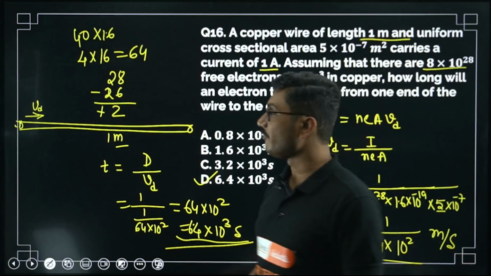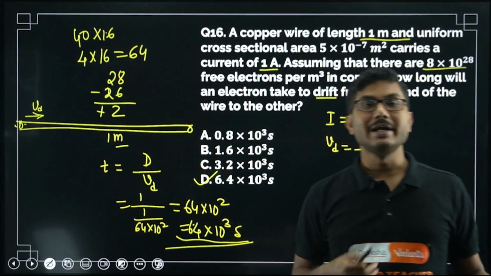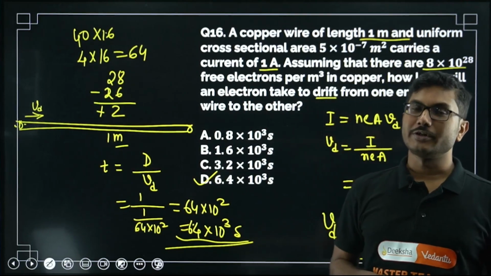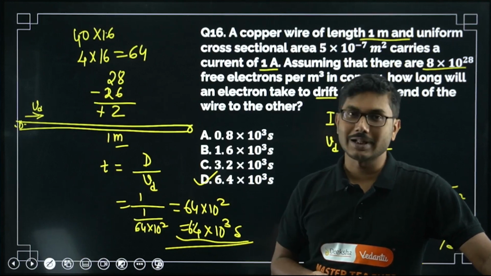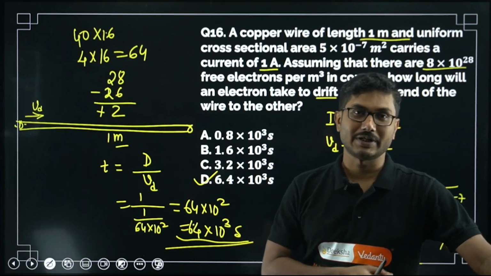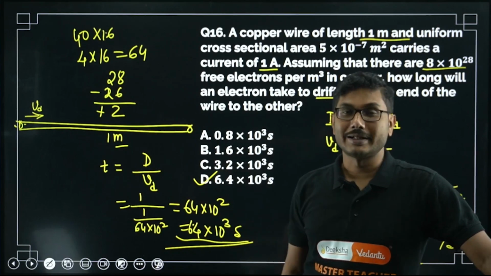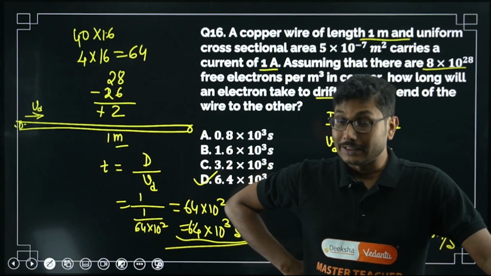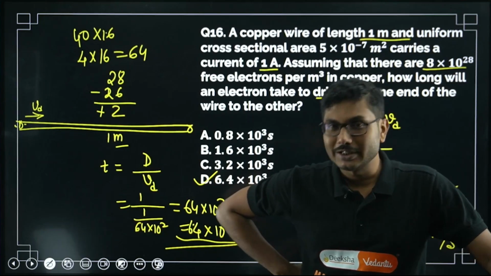So the electron takes a very long time to reach from one end to the other, but the electric field moves at the speed of light, and that's why whenever you switch it on, the electric field moves and switches on the light. That's why we get an instantaneous effect. But the actual electron, which starts at the position where you switched it on, takes a very long time to reach the bulb.